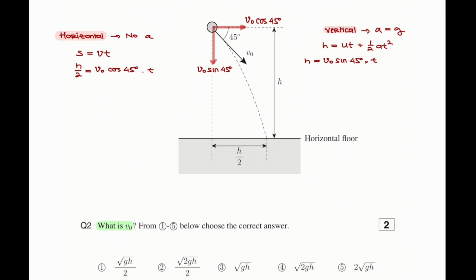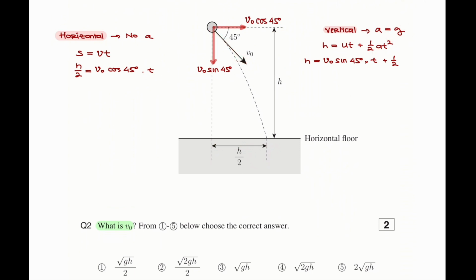times t. Remember, we still do not know the value of t, so leave it as t, plus half a, our acceleration is gravity, and then our motion is in the same direction with gravity.